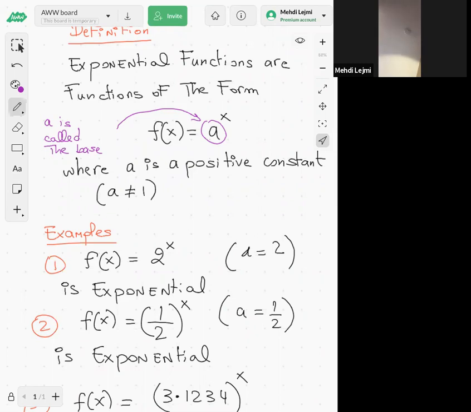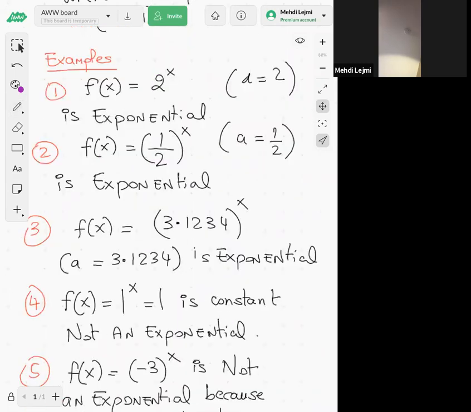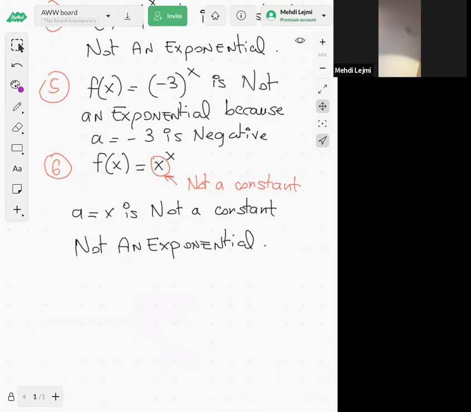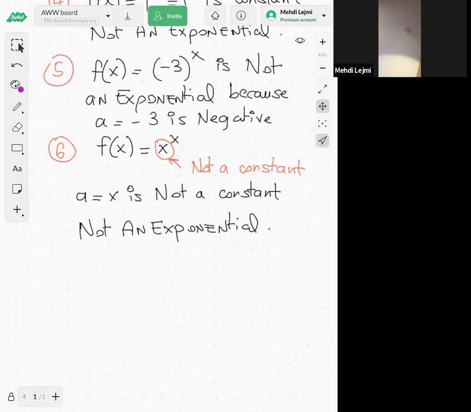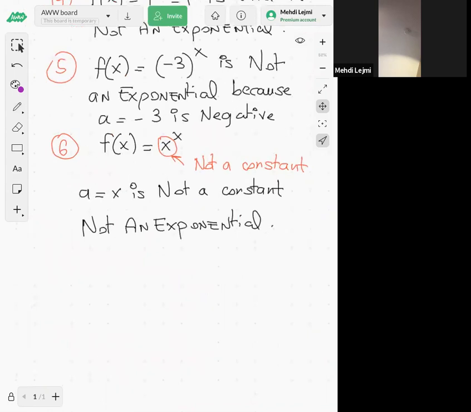Now, if you try to graph exponential functions, what will be the properties of the graph of exponential functions?